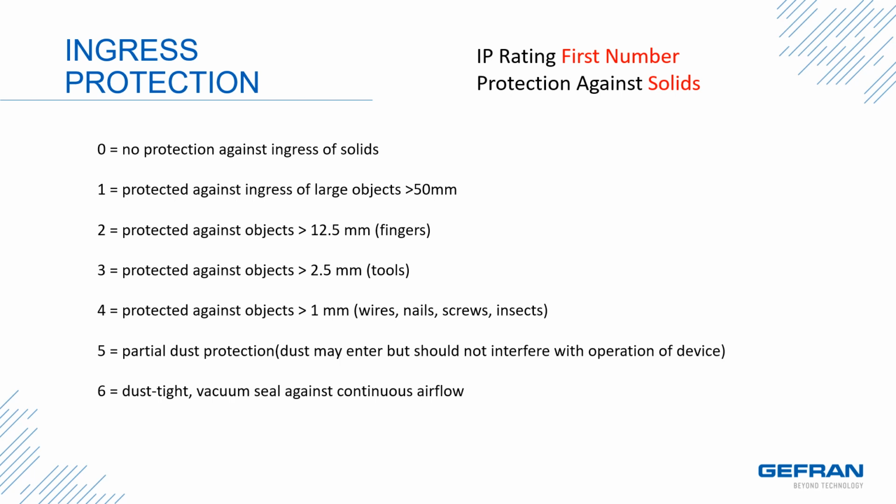If it's a 4, it's protected against objects greater than 1 millimeter, like wires, nails, screws, insects. If it's a 5, it has partial dust protection, meaning dust may enter but should not interfere with the operation of the device. If it's a 6, it's dust tight or vacuum sealed against continuous airflow.